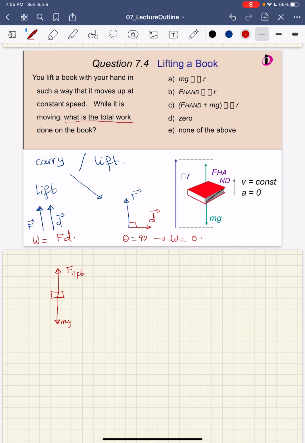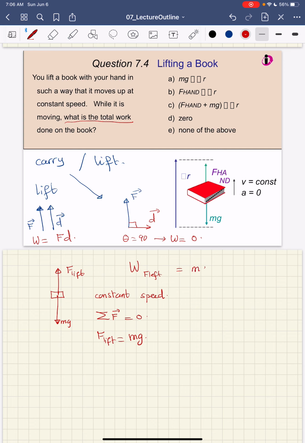If I wish to calculate the work of F lift, remember constant speed means sigma F equals 0, then F lift should equal mg.